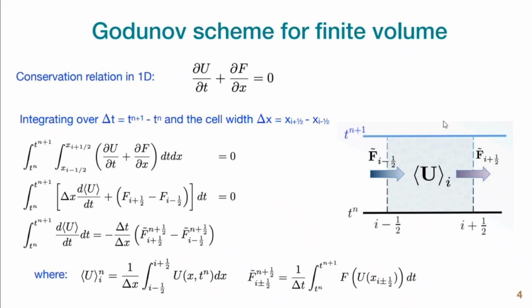Okay, so we start off with this equation and we integrate the fluxes over the cell. So my fluxes are here. For the finite volume, what is important to appreciate is that you have a volume and the edges of the volume. So for 1D, you have a left edge and a right edge for each volume element. Now let us integrate this equation both in time and space over this volume element. The time integral goes from the nth time level to n plus 1, the next time step of the code.